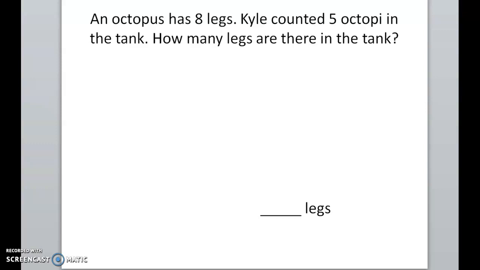So what we want to do here is think about, okay, what are our groups? Since we're talking about the octopi, the octopi are going to be our groups. So we are going to create 5 groups.